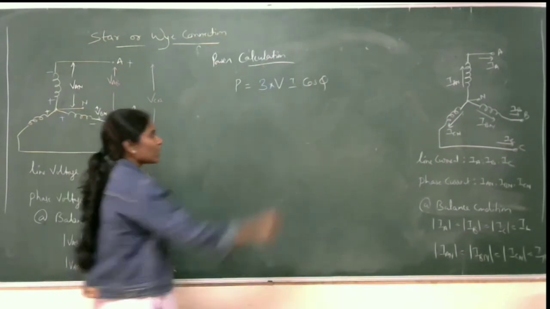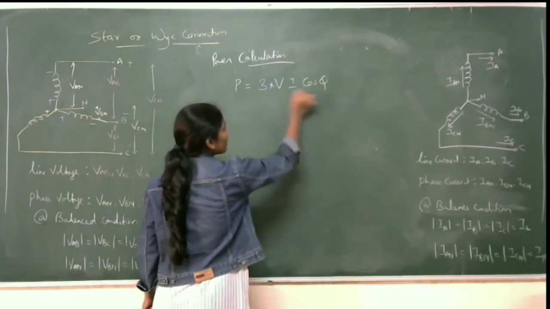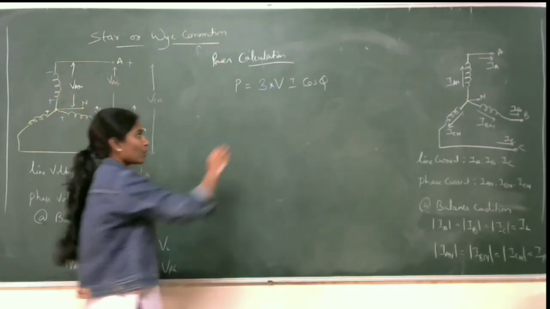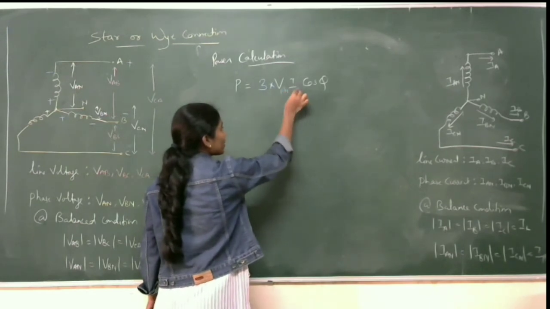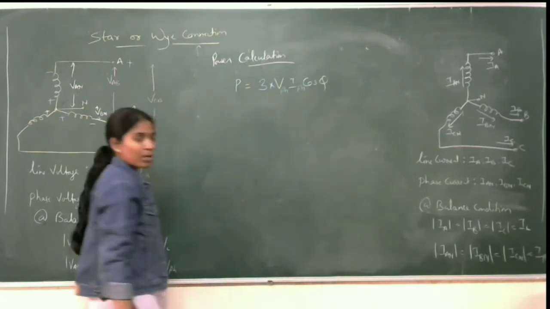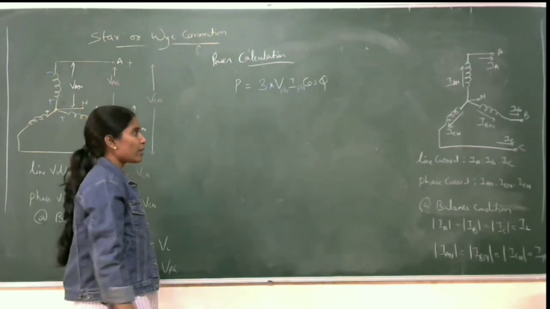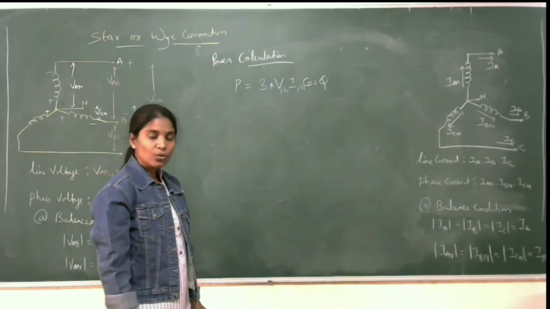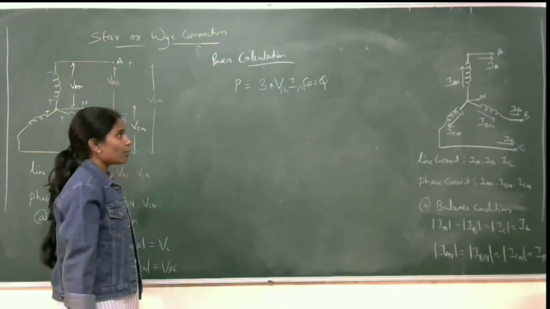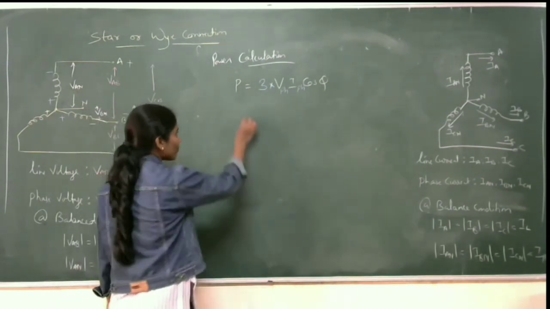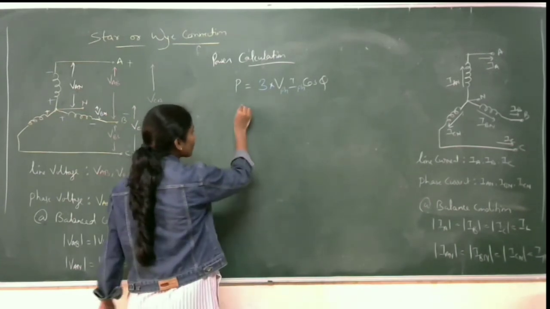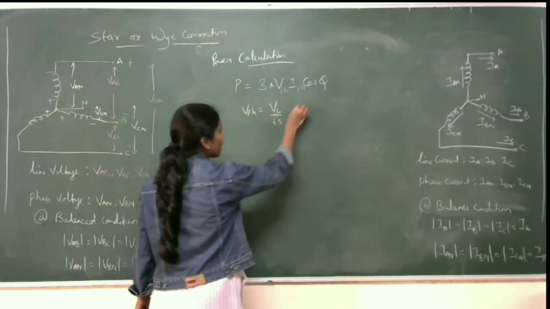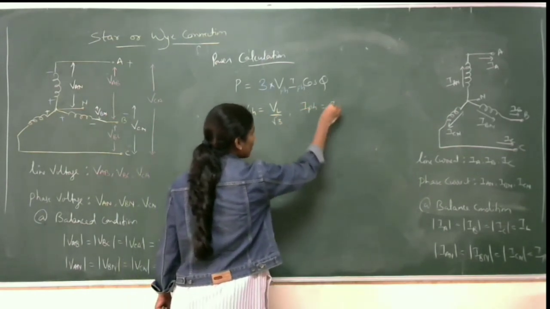Here, this is the phase related quantity, representing the power in phase terms. So these are my phase quantities, that is VPH and IPH. But in general, whenever I work, I have the values for line voltages and line currents. So I should know the formula for power in terms of line quantities. We know the formula for VPH for star connection, that is VL by root 3, and IPH for star connection is IL.